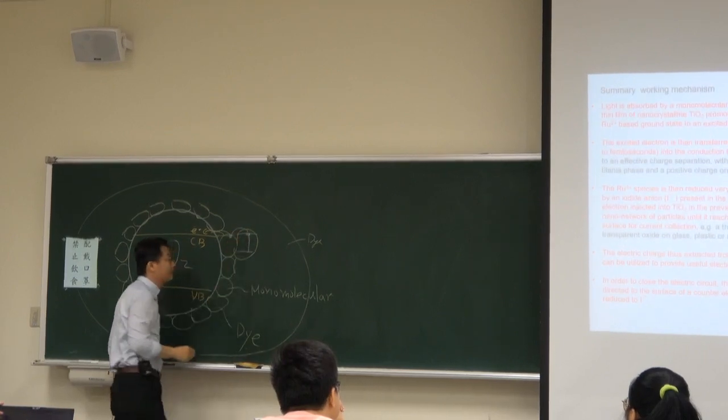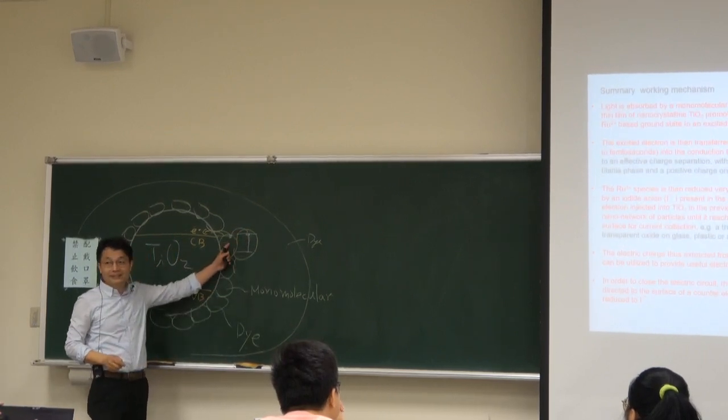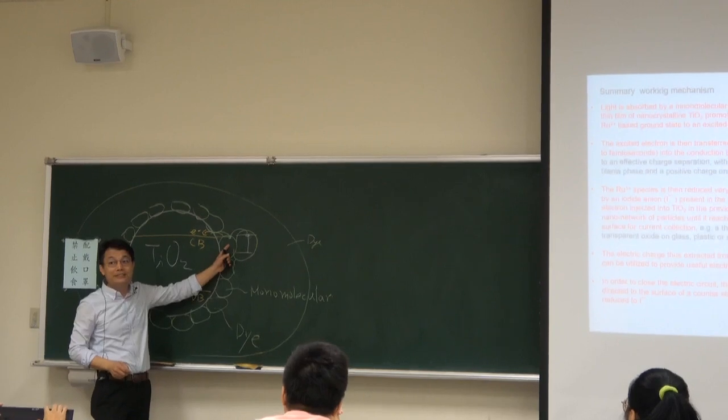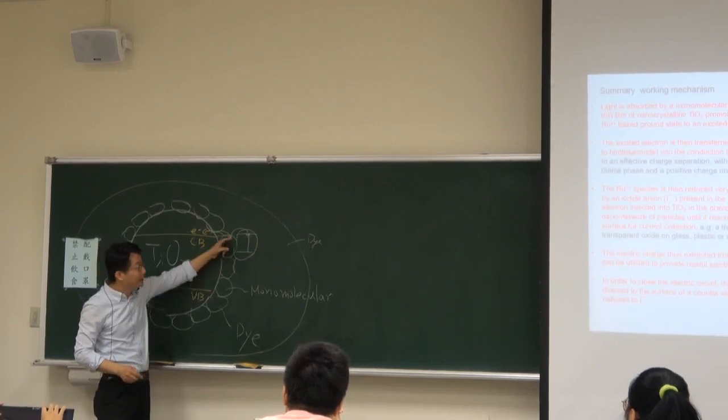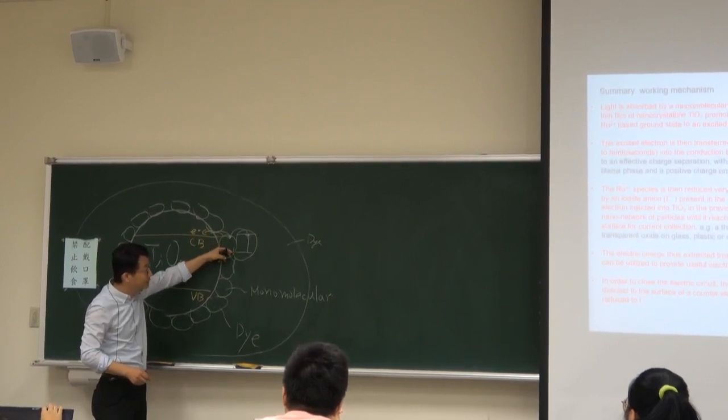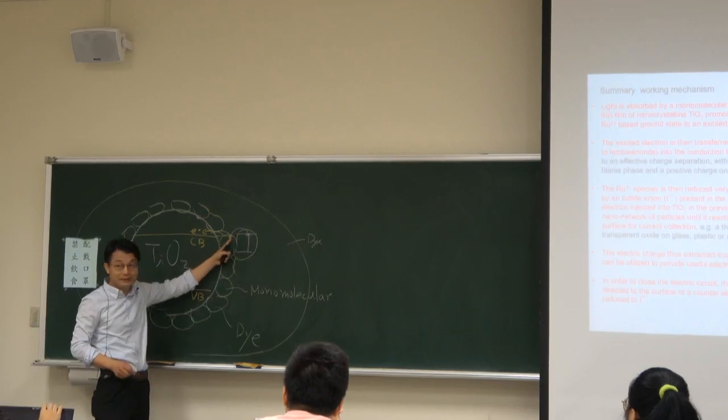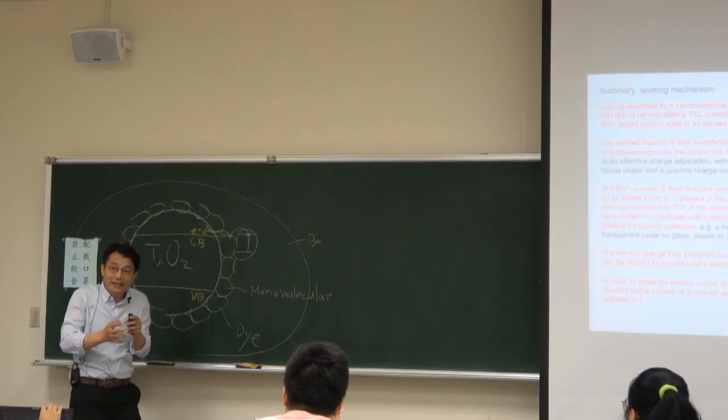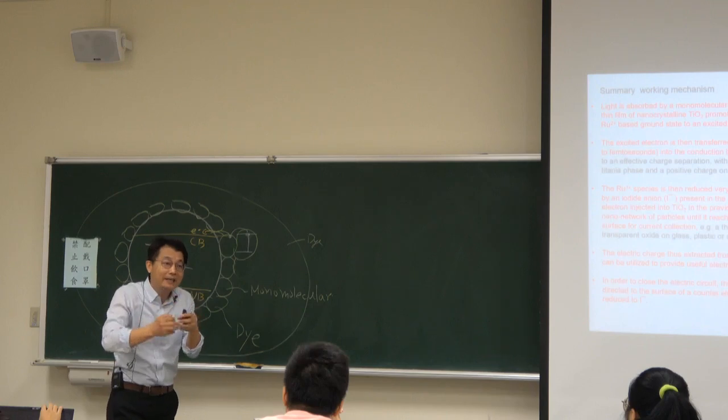But the electron transfers to here, right? The conductivity is completely different, right? And the HOMO band and the LUMO band are the same, but you have to transfer to here. So dye does not provide a high conductivity.